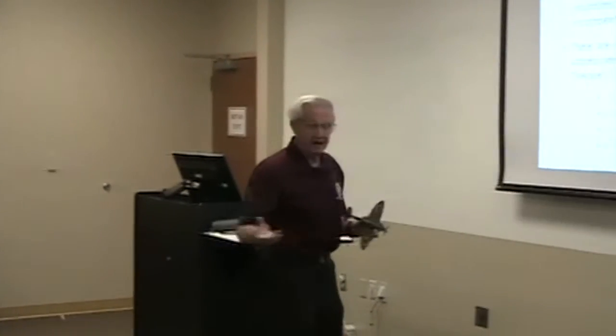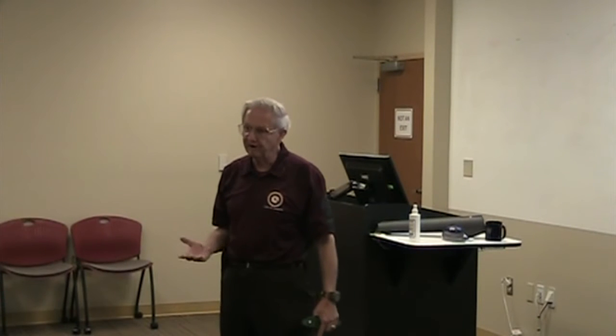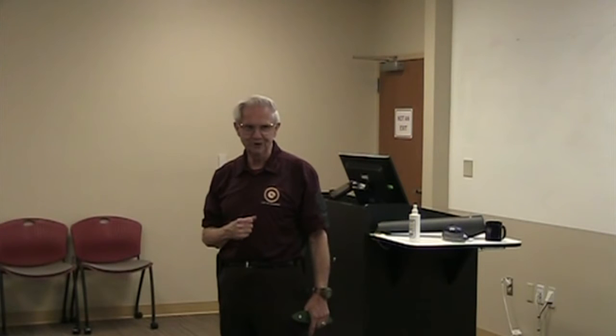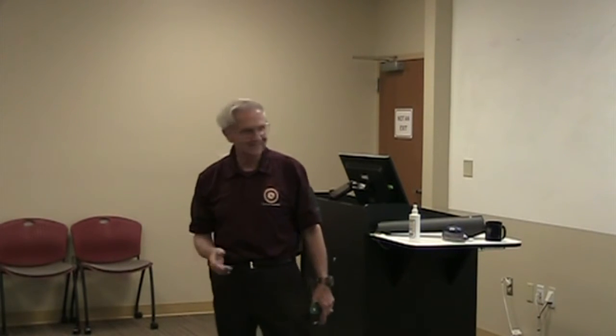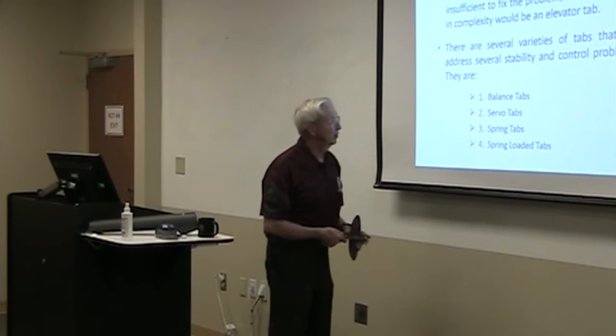It tends to drive the elevator back to its original position. So the pilot has to hold the force, right? In fact, if you don't put a leading tab on an all-flying tail, the pilot will have no control force, and he won't be able to really trim the airplane either, all right?